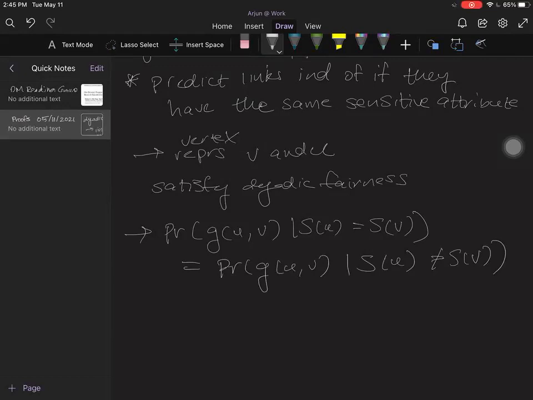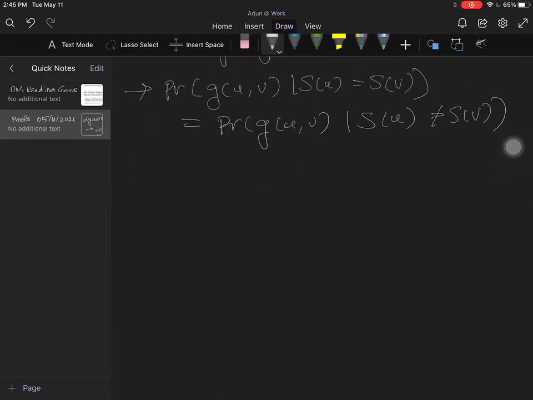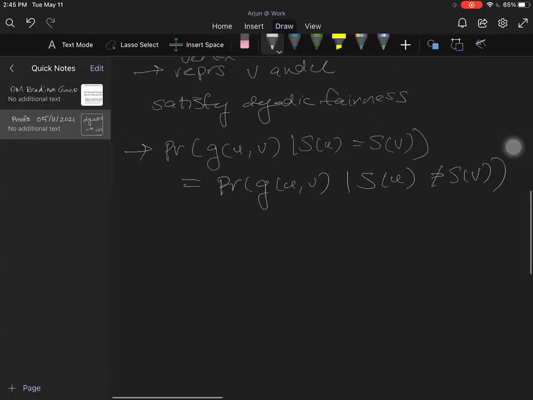And one of the most interesting things to me, I think this is the coolest result that this paper had, was that demonstrating demographic parity in the outcomes of link prediction can be sufficiently reduced to the achievement of fair vertex representations. So actually what this is saying is that if we can learn fair vertex representations, that's a sufficient condition for this dyadic fairness criterion.